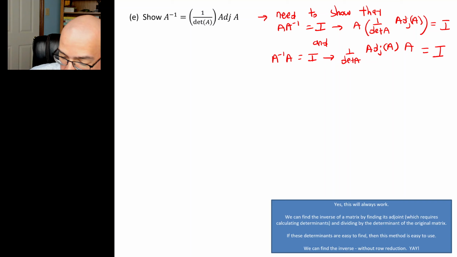We need to show both of those things in order to show that this new matrix is the inverse matrix.